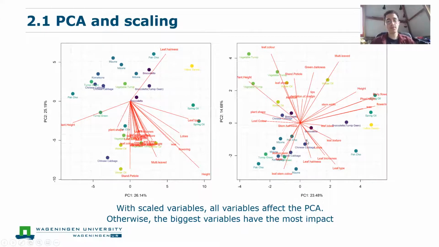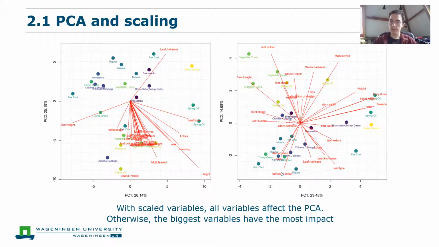Whereas with scaled data, all variables start to have an effect on the PCA, with a similar dimension. And that's more what we would like. We would like all variables to impact PCA similarly, rather than some variables having way more effect.